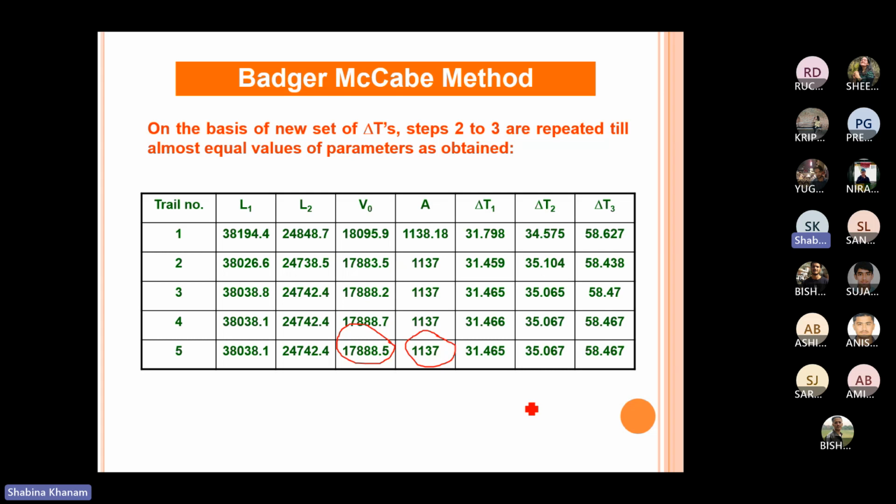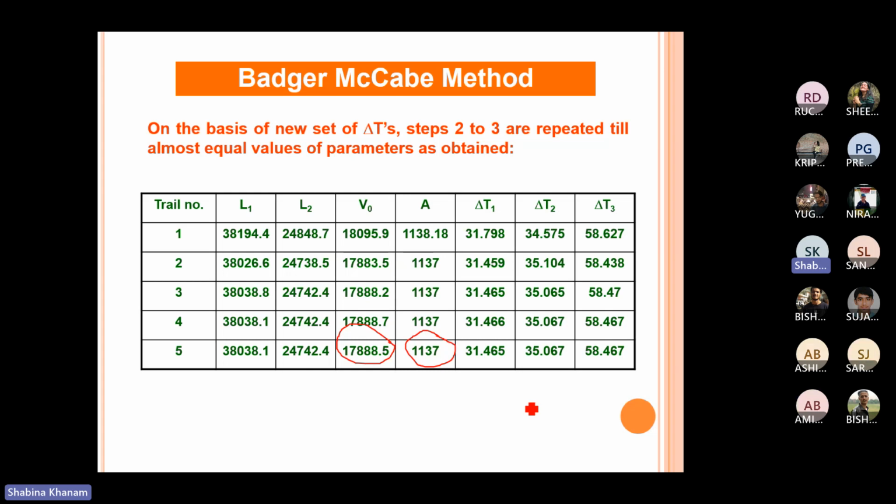I hope through the example things are clear to you. I will give you problems also so that you can try on your own. So in this way the evaporator design is completed.